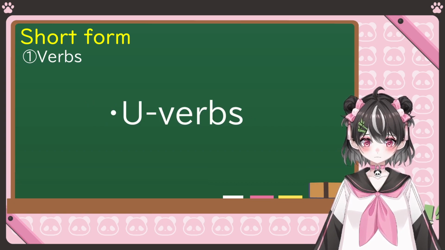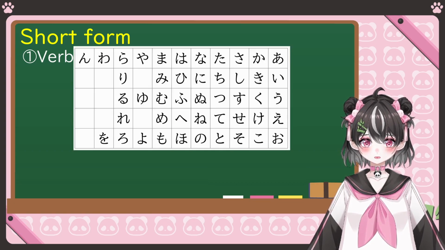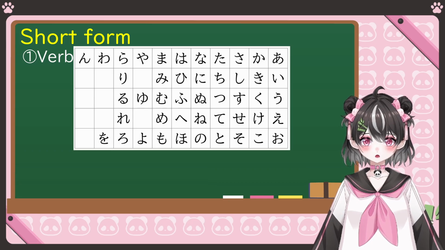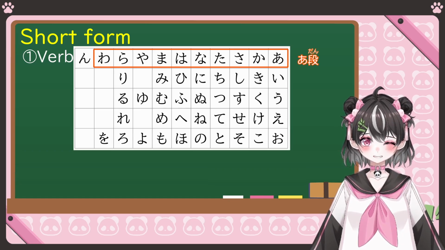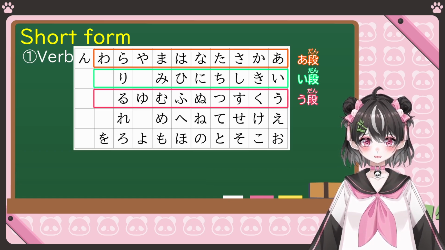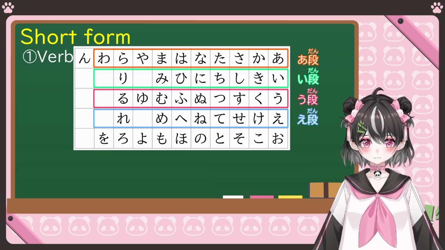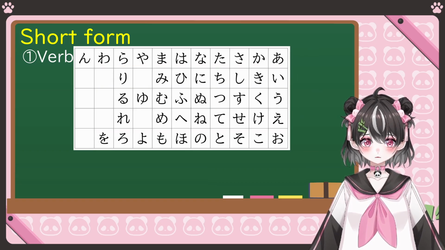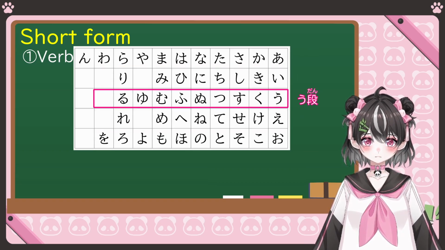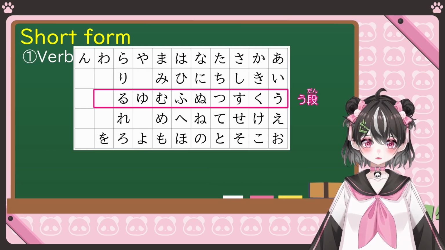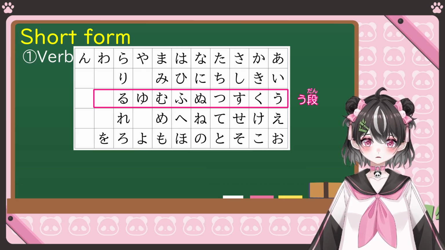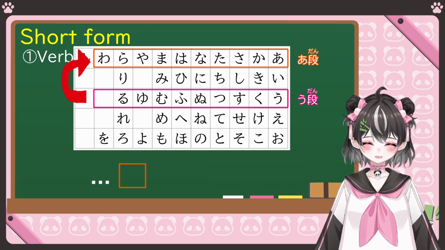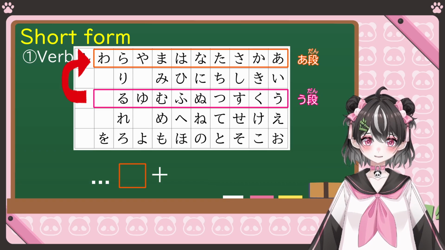Next are u verbs. Look at this table so I can explain how to conjugate them. Do you remember that each row is called あ段、い段、う段、え段 and お段? All verbs end with a う段 hiragana. And to conjugate u verbs into present negative form, you replace the last hiragana with the あ段 hiragana in the same column and add nai.